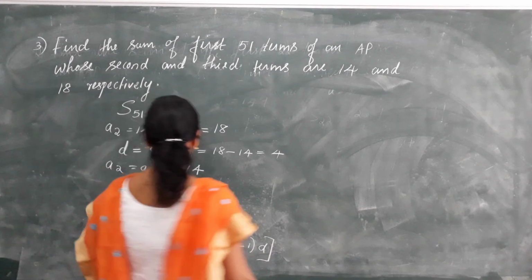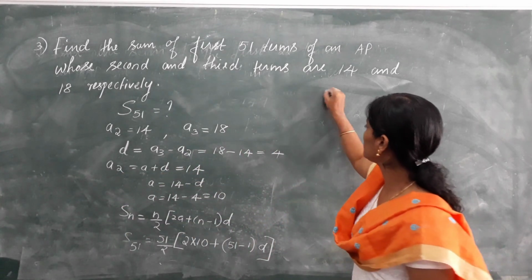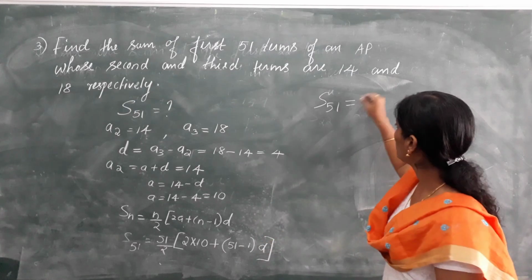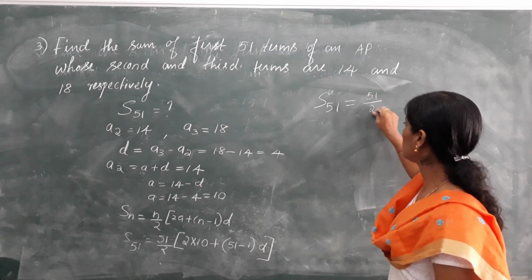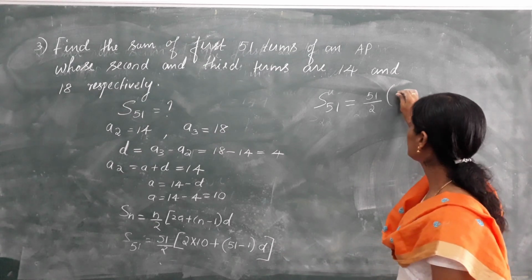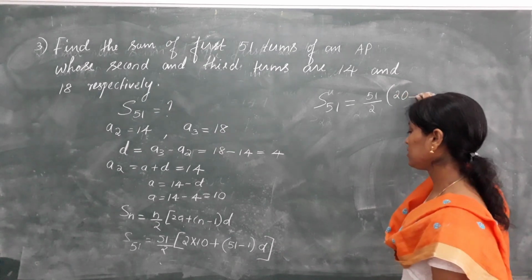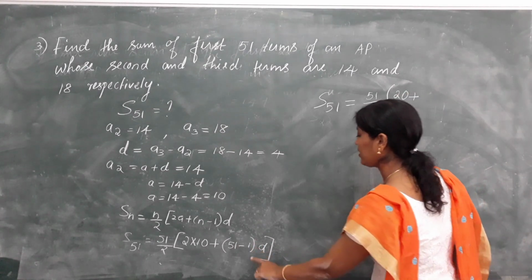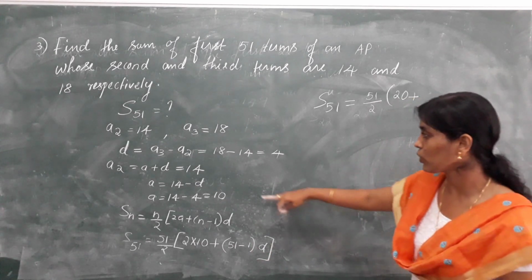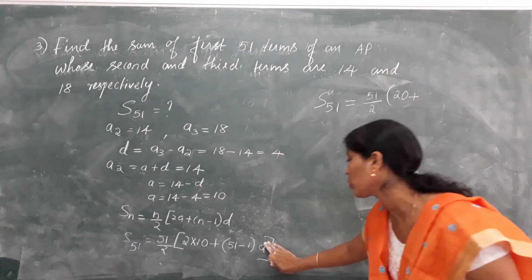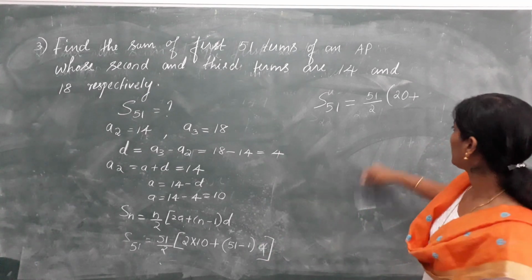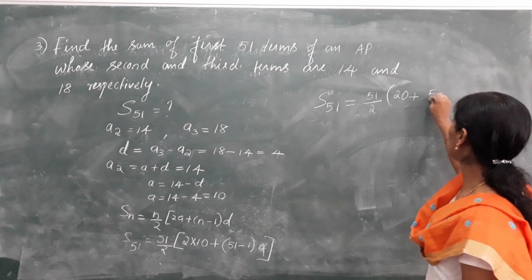Solving the bracket, that is 2 into 10, 20 plus 51 minus 1, that is 50, and D is equal to 4, so we'll get 50 into 4.